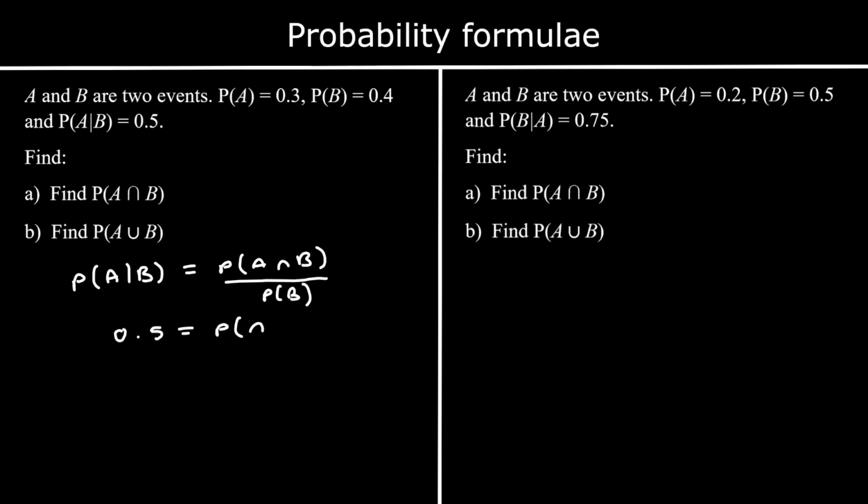We want to know the intersection, and we know the probability of B is 0.4. So the probability of A and B is 0.5 times 0.4, half of 0.4, 0.2.